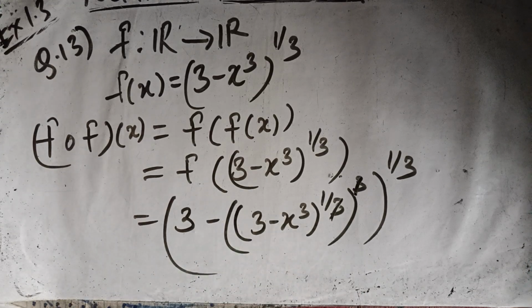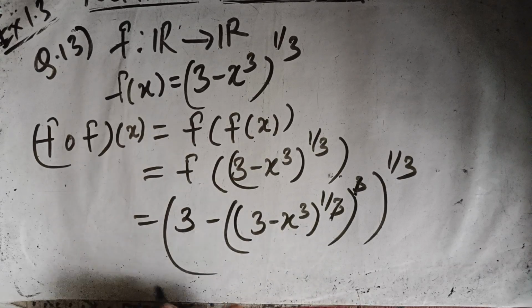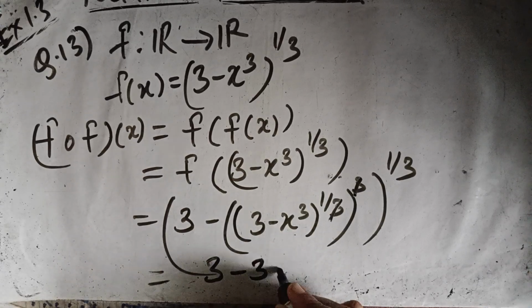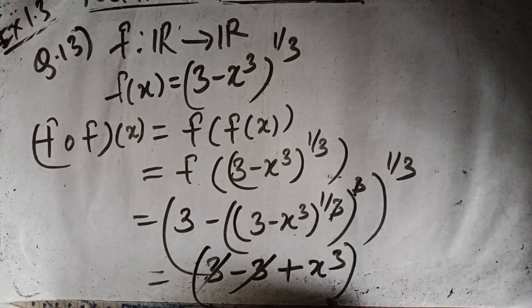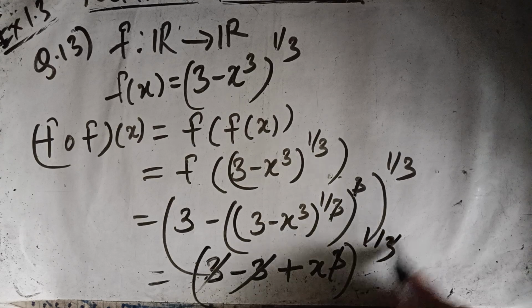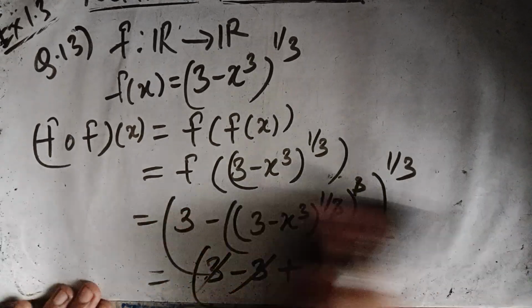This will be 3 minus (3 minus x cubed), that is 3 minus 3 plus x cubed, so this also raised to 1 by 3. Then this gets cancelled. You will get x. So C is the answer.